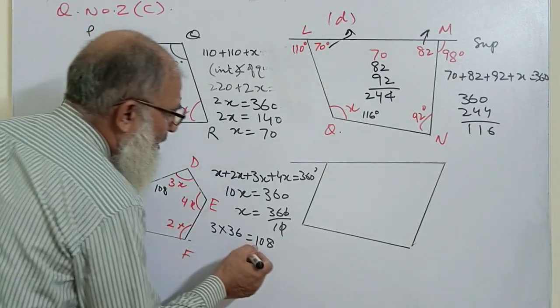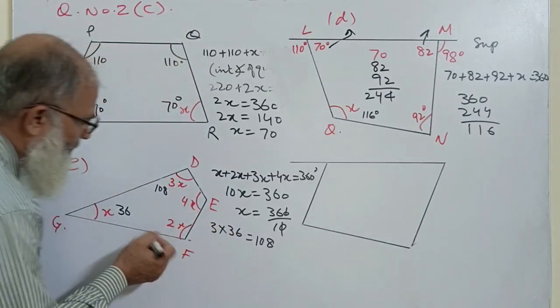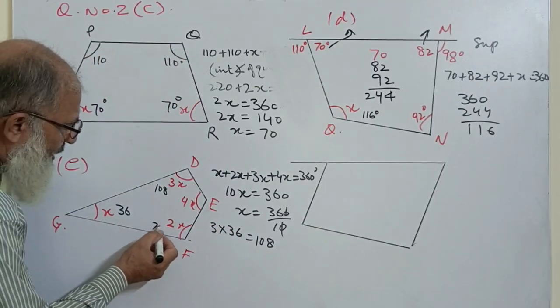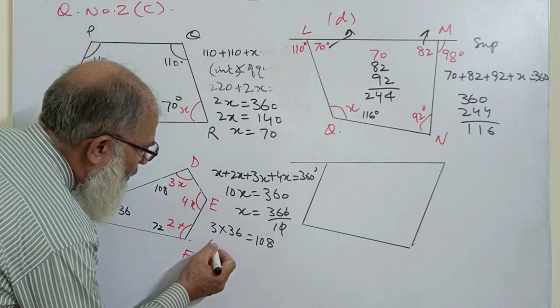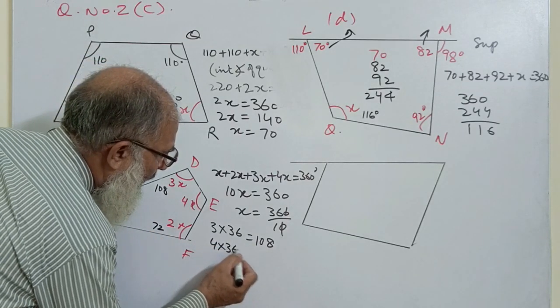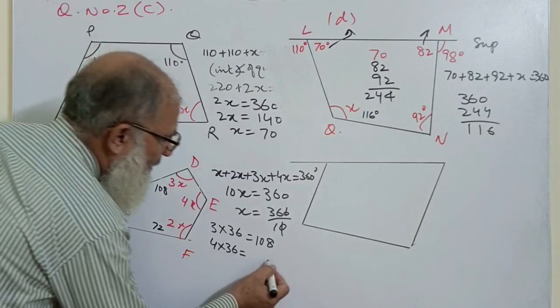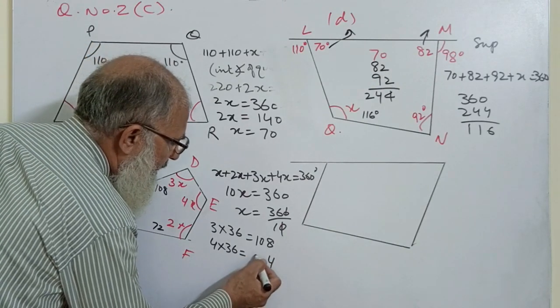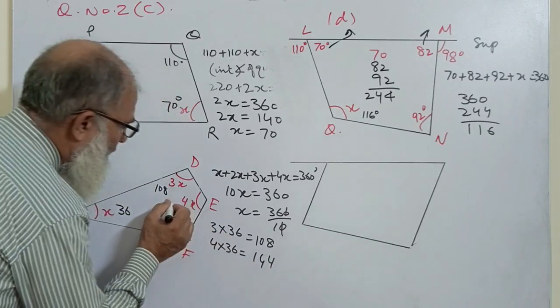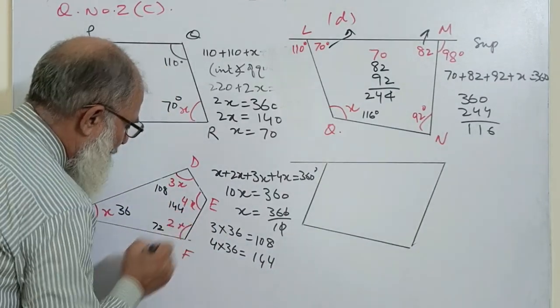Similarly, this angle is 72 degree and this is 4 times 36, which is 144. This angle is 144.